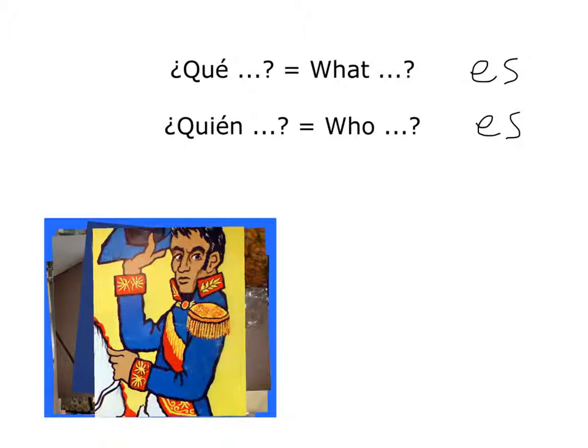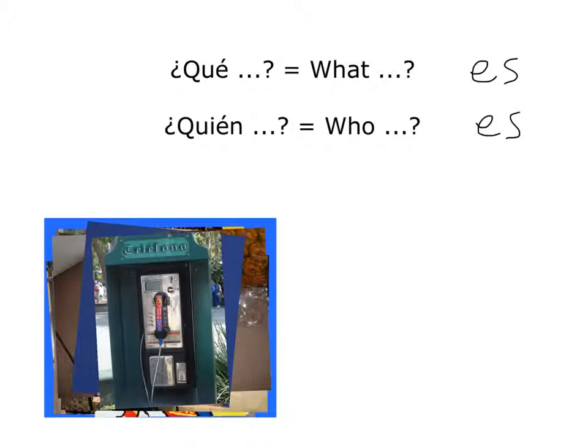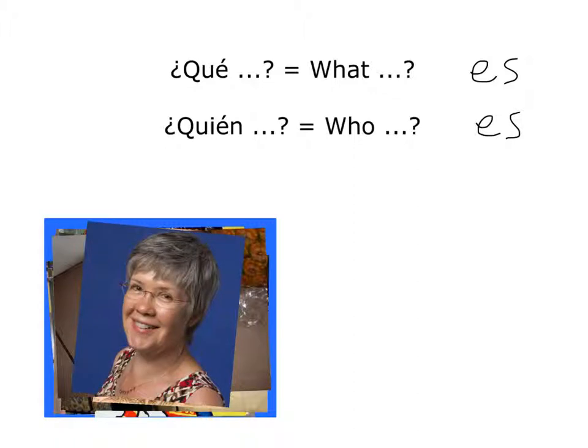This is a person, so ¿qué or quién? ¿Quién es? Un teléfono? ¿Qué or quién? We use qué. ¿Qué es? Es un teléfono. ¿Qué or quién? For this we use quién. ¿Quién es?